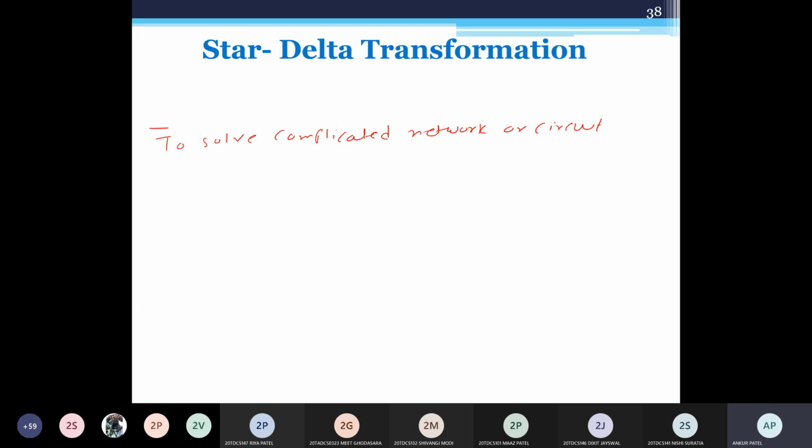Okay, we are doing these star delta transformations for networks that we can't solve by mesh, nodal, or series and parallel connections. So for complicated networks, we just need to use star delta transformations.